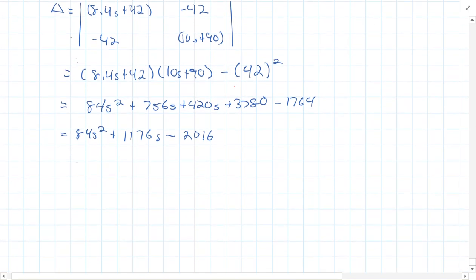Now, remember, we said that it's always nice to have the s squared just have a 1 here. So I'm going to see, can I get lucky and factor out an 84? So let's see what happens. This should be a plus.